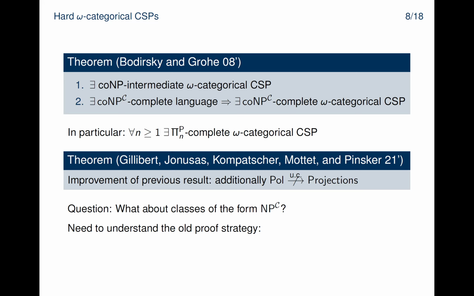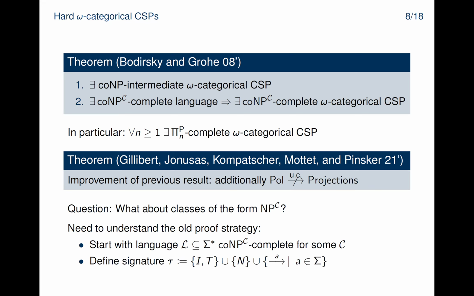Yes. So we need to understand the old proof strategy. We start with a language L. As I said, it's a subset of sigma star, and we assume that it's co-NP^C complete for some C. Now we define a particular signature. This signature consists of 2 unary symbols I and T and a binary symbol N, and then we also have binary symbols for all possible letters of the alphabet.